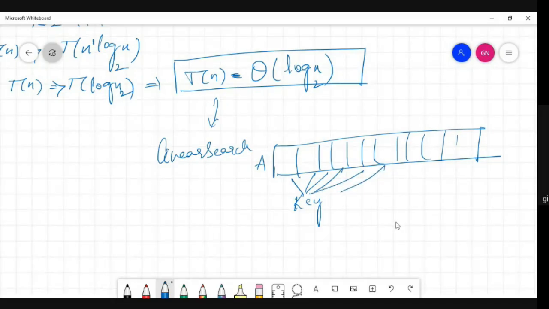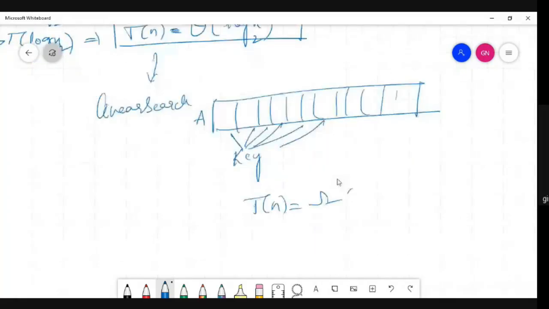For your best case, the element would be present in the first position itself, whereas the average case can be the second position or the n minus 1th position. Both can be the average for me.